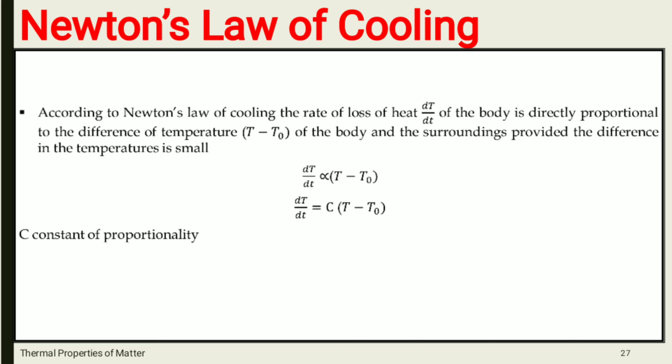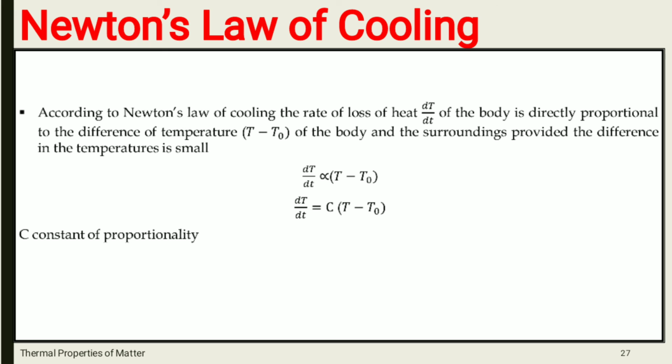So what we have observed in Newton's law of cooling is that a hot body loses heat to its surroundings in the form of heat radiation, and the rate of loss of heat depends on the temperature difference between the body and its surroundings.